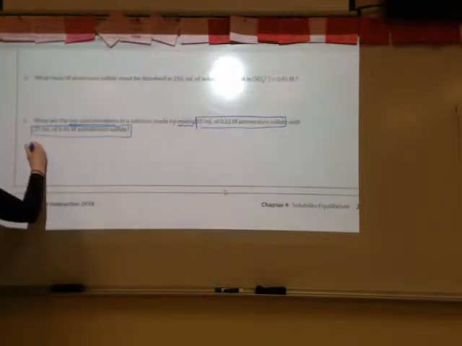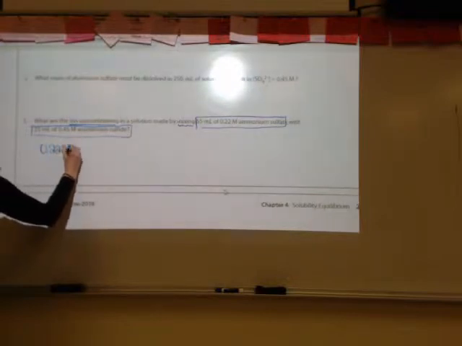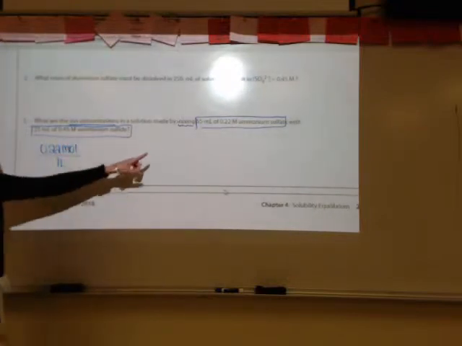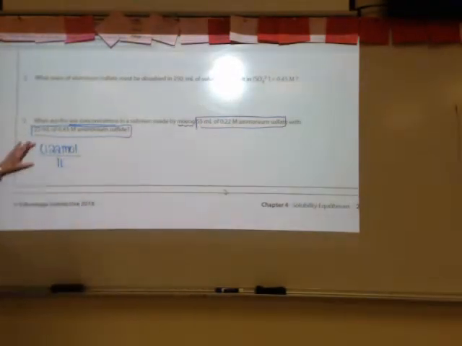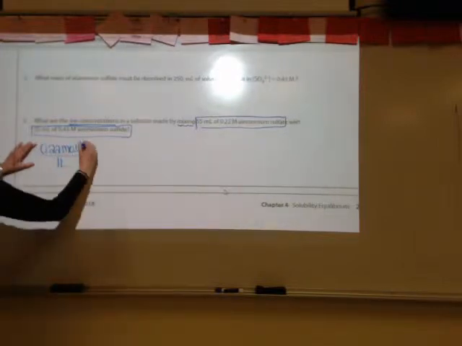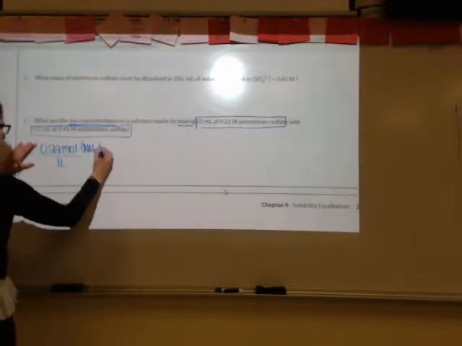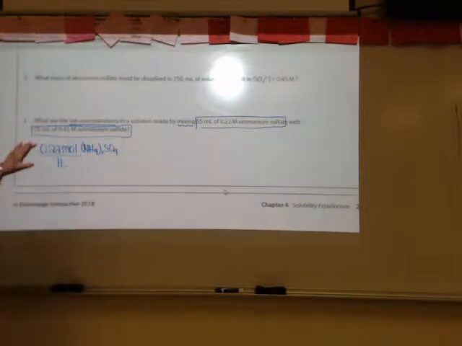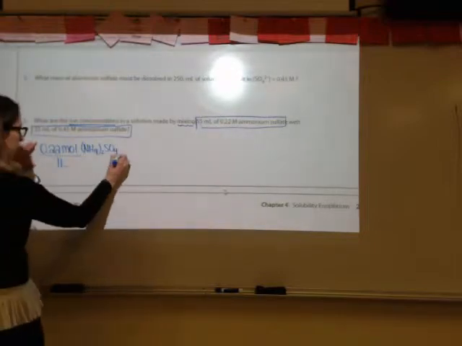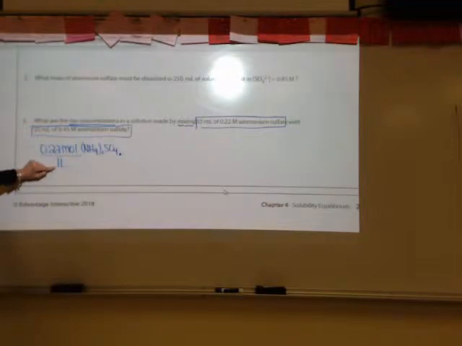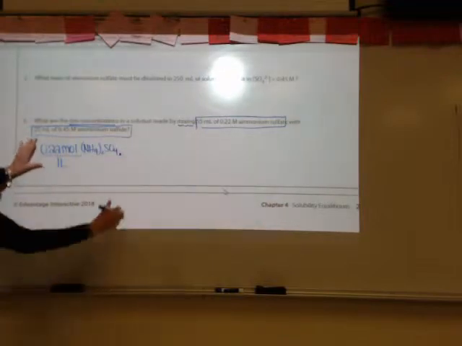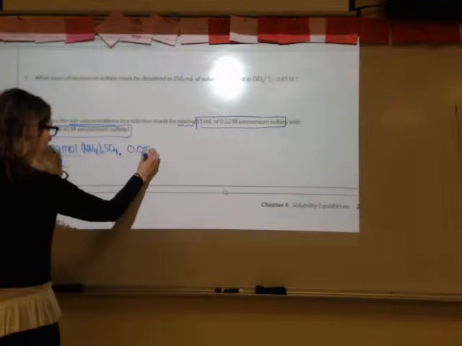For the ammonium sulfate, I'm going to take my molarity and write it like this: 0.22 moles over a liter. And this is for ammonium sulfate. Okay? What volume did I add of ammonium sulfate? 55 milliliters. Since this is in liters, we're going to convert 55 milliliters to 0.055 liters.